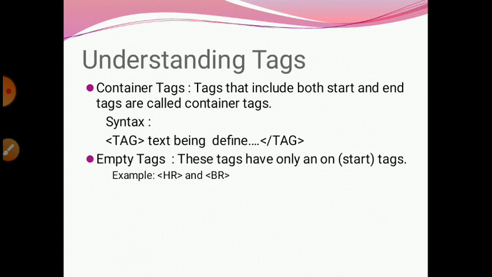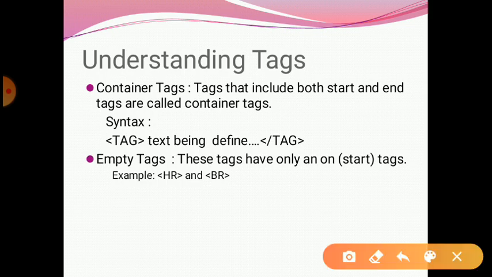Now, understanding the tags. HTML tags are basically divided into two parts. The first is the container tag and the second is the empty tag. Sometimes this question also comes in your exam: how many types of tags are there in HTML, what is a container tag, what is an empty tag.